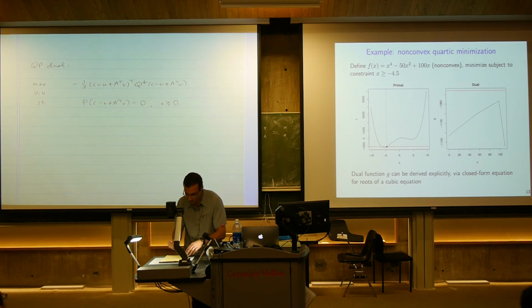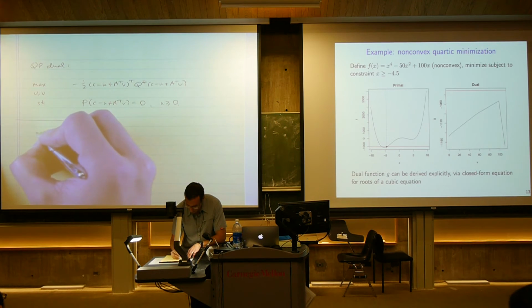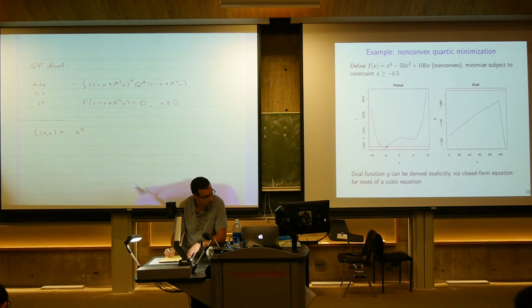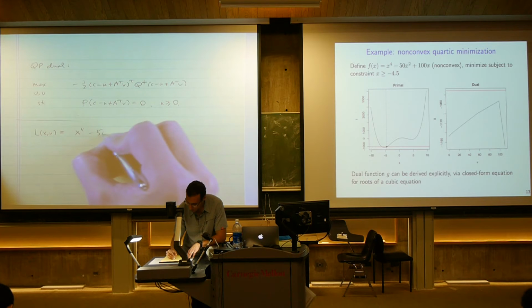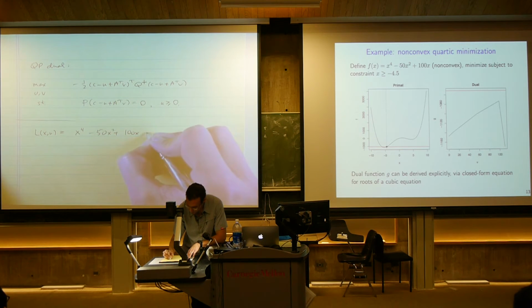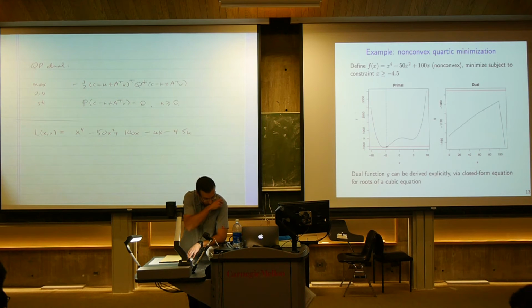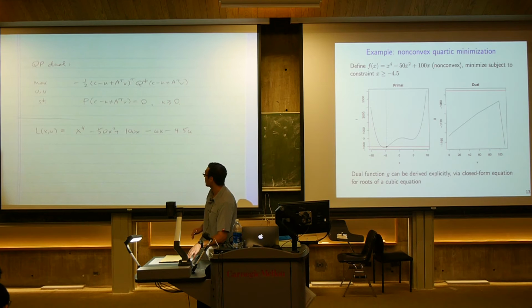So what I did was form the Lagrangian: x to the fourth minus 50x squared plus 100x minus u times x minus 4.5u, thinking of u as being bigger than or equal to 0.